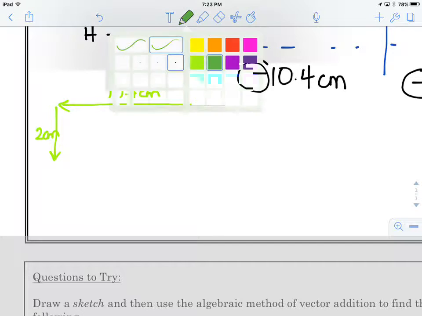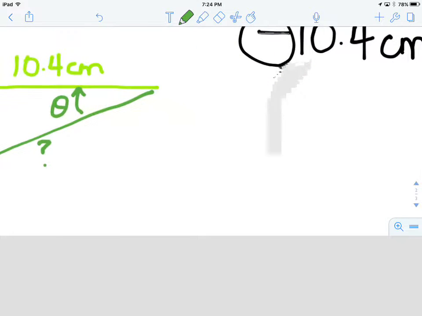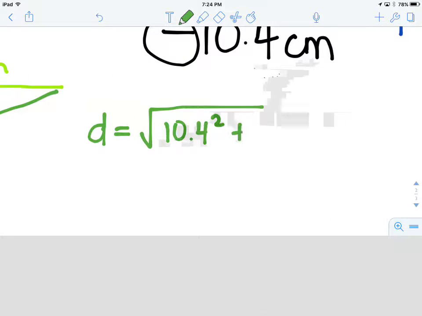And so when I put these two back together, and this is what step 4 is, I now have a way of saying, oh, wait a second, I know how to solve this now. So I use the Pythagorean theorem, and let's call this the displacement, so let's call this d, because we're looking for the displacement of the lion. So the displacement of the lion is equal to the square root of 10.4 squared plus 2 squared.